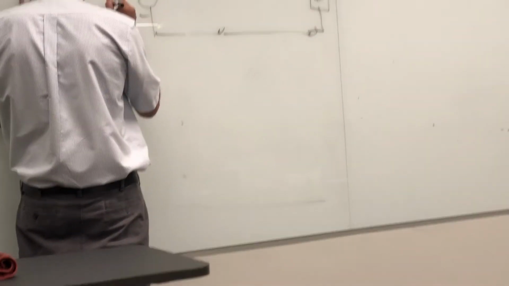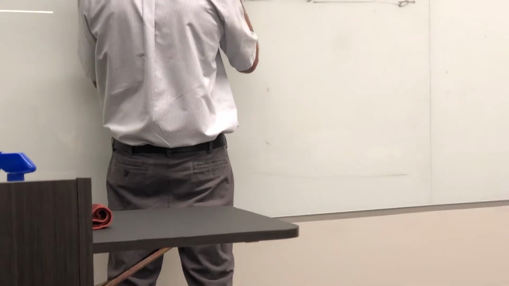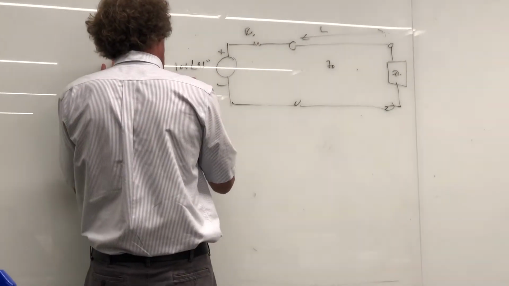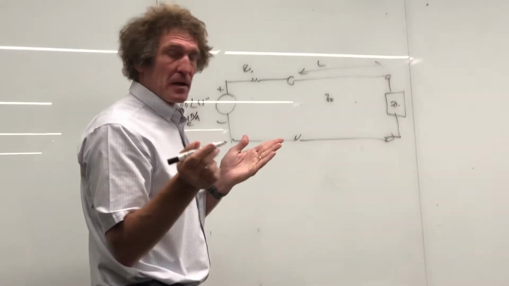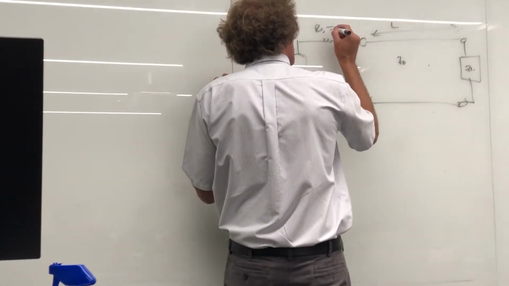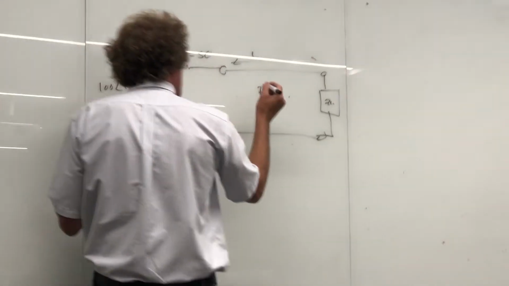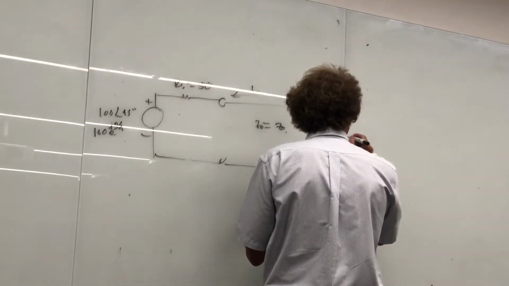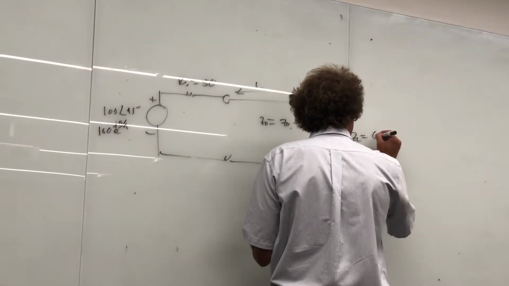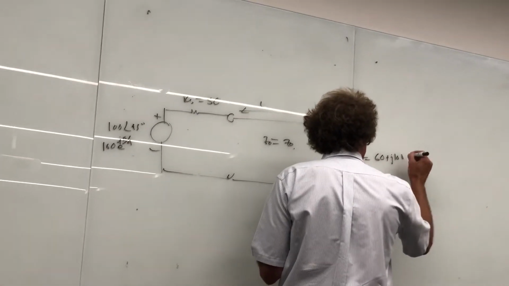Source voltage is 100 at an angle of 45, or 100 e to the j pi over 4. RS is 50. Z0 is 50. ZL is 60 plus j100, and this is all ohms.